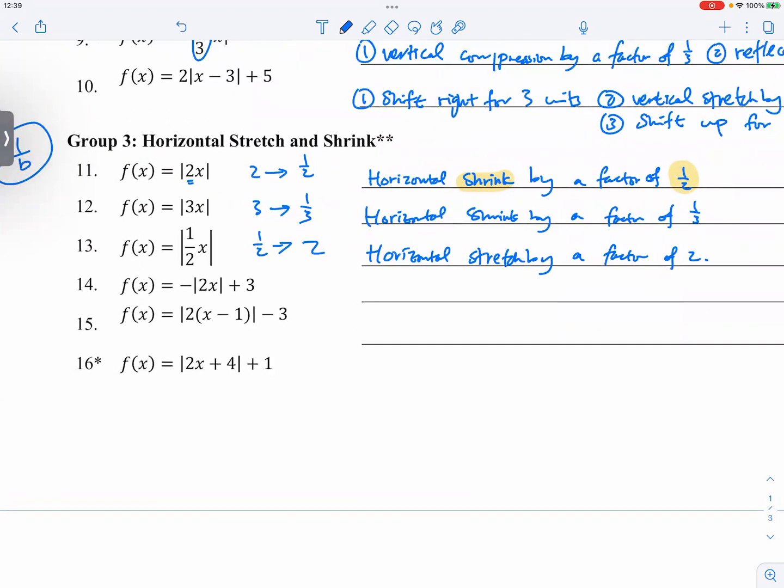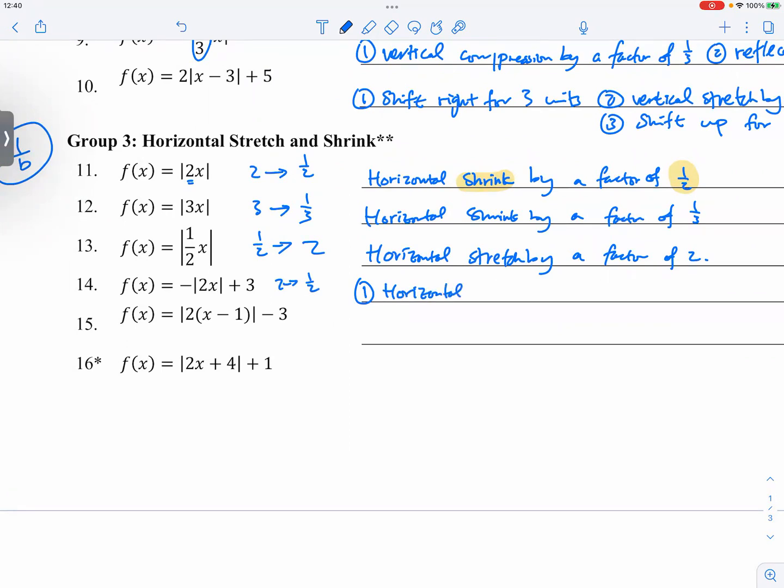Number 14. 3 things going on. What's number 1? Well, again, you want to start from the number that's closest to the x, which will be the 2 here. And 2 is 1/2.